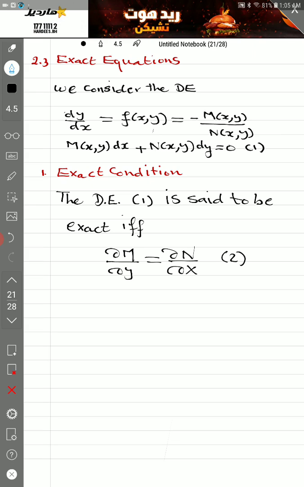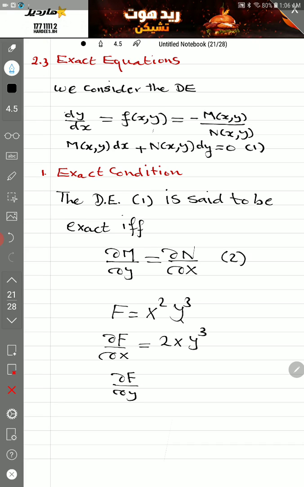Let's explain what's meant by partial derivative. In calculus, if you have a function f equal x squared y cubed, then partial f by partial x, you treat y like a constant and differentiate with respect to x, so it will be 2xy cubed. For y, you treat x as a constant, so it will be 3x squared y squared.